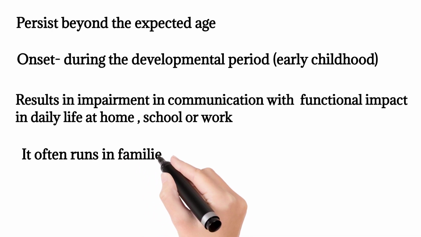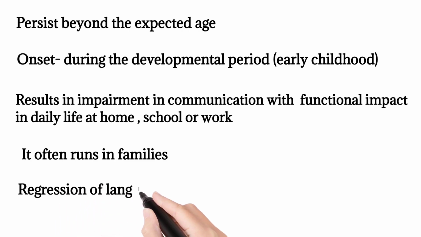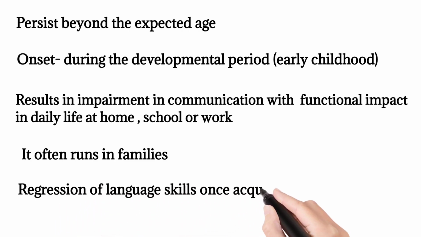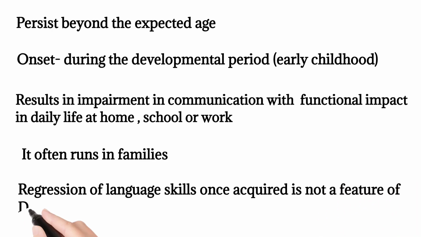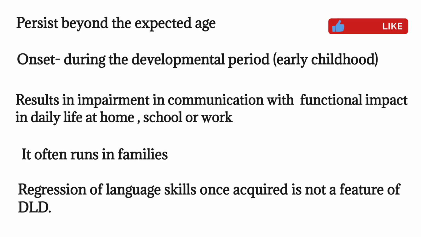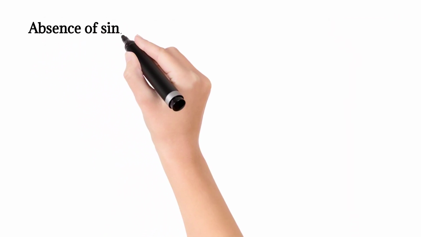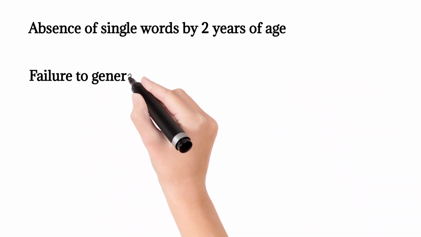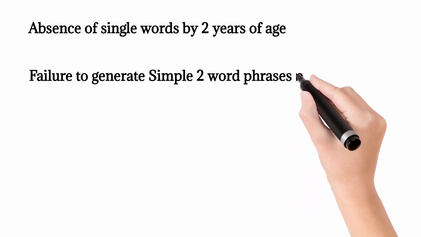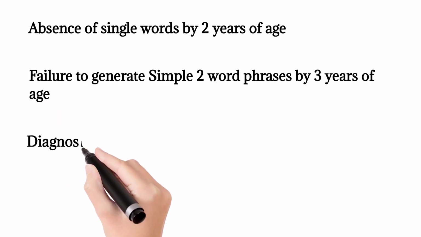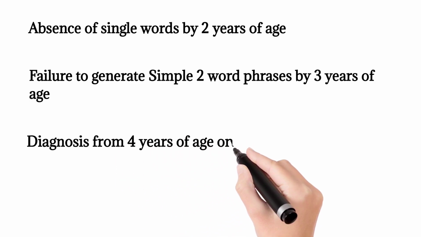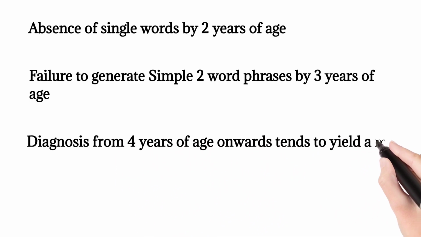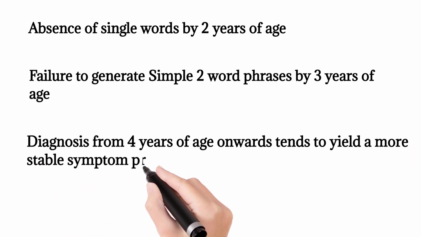It often runs in the family, and if regression of language skills once acquired is present, it may not be due to developmental language disorder, it may be due to decline in social and communication behavior, or it may be due to autism spectrum disorder. Absence of single words by 2 years of age and failure to generate simple two-word phrases by 3 years of age are important for diagnosis, and diagnosis from 4 years of age onward tends to yield more stable symptom presentation.